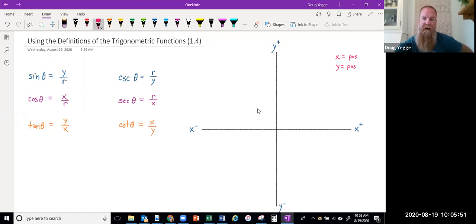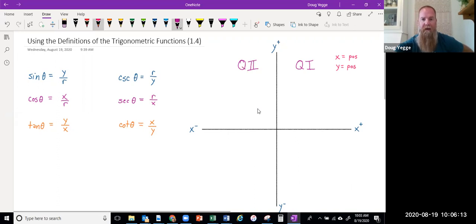Which really means that if x, y, and r are all positive in quadrant 1, then we know that every one of these ratios over on the left is also going to be positive in the first quadrant. Well, let's say we went to quadrant 2.